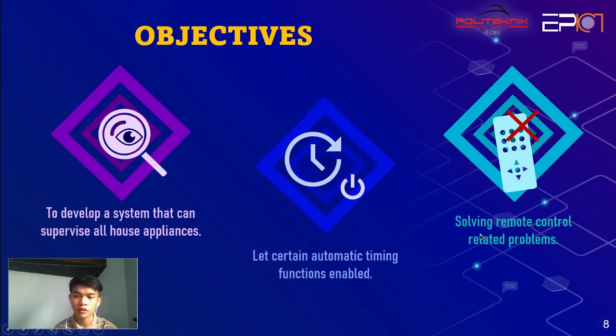And the third one is solving remote control related problems, because most of remote control, which is the IR remote control, they have many restriction, heavily based on the range. So if you don't aim on the correct range, then the IR remote cannot send signals to the hardware. Okay.